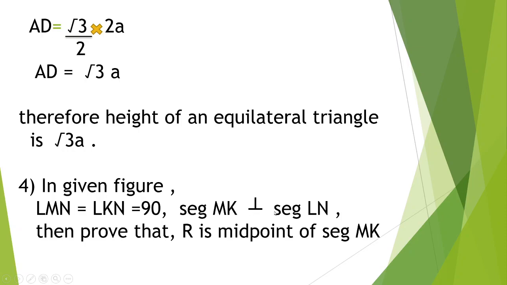Segment MK is perpendicular to segment LN. Prove that R is the midpoint of segment MK. Listen carefully, you have to prove that R is the midpoint of segment MK.